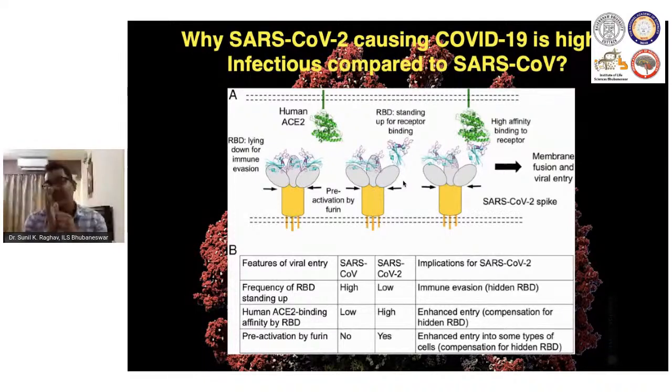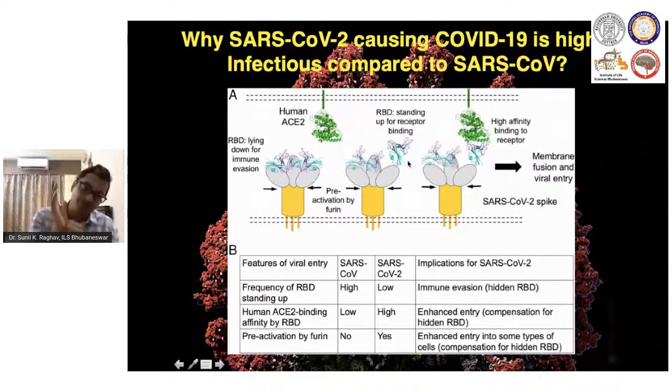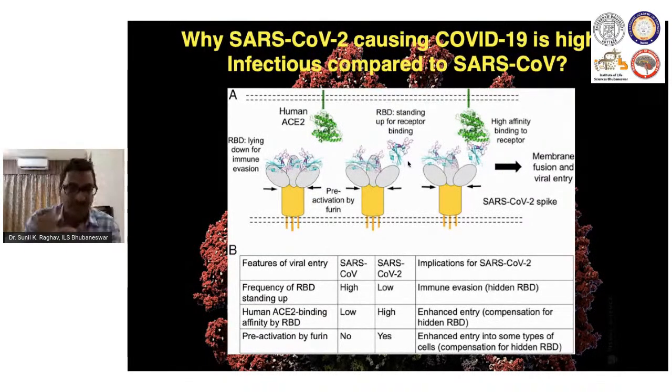And that's one of the reasons also that there were high levels of antibodies for SARS-CoV in the individuals when they got infection, because this domain was always in an open position and it was detected by the immune cells of the host. But in case of SARS-CoV-2, that is basically the COVID-19 virus, what happens?